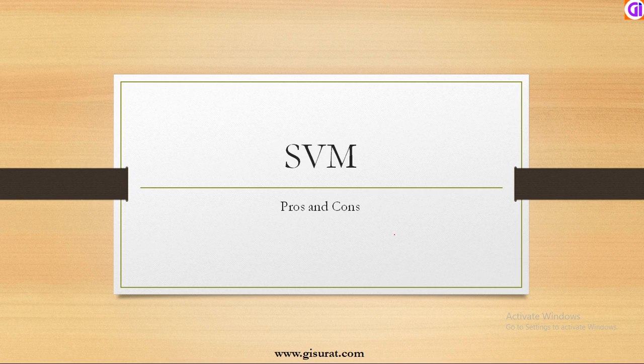What to do when you try to apply SVM? SVM is a linear classifier, in the sense that it can deal with only 2 class labels. So whenever you have 3 or 4 class labels and you want to choose SVM, what to do? We will discuss the advantages and disadvantages of SVM, and finally we will develop the Python program to deal with SVM.